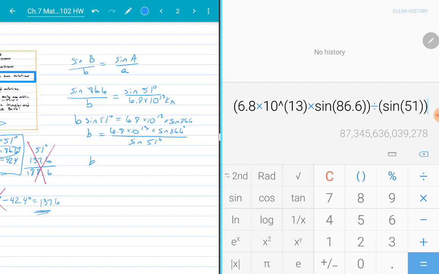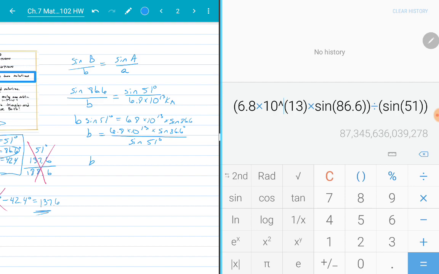That doesn't seem right, does it? Well, actually, I guess it is because of that 10 to the 13th power. That 10 to the 13th power really means 6.8 with 12 zeros after it. So that's the same thing here. We have 1, 2, 3, 4, 5, 6, 7, 8, 9, 10, 11, 12.